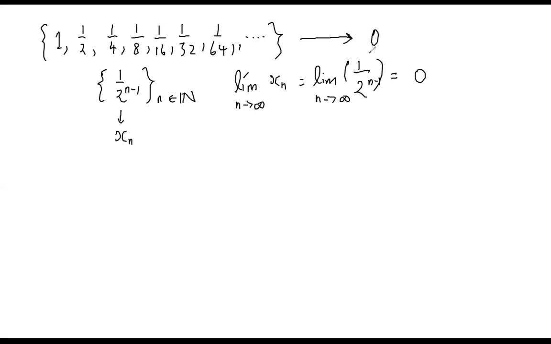But in mathematics, as you have seen, intuitions can only guide you up to a certain point. You have to come up with a very clear definition of what you mean by a sequence converging to some number.